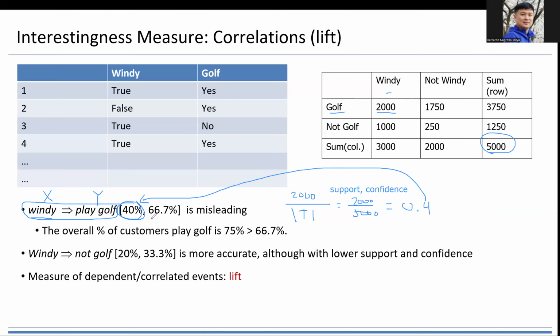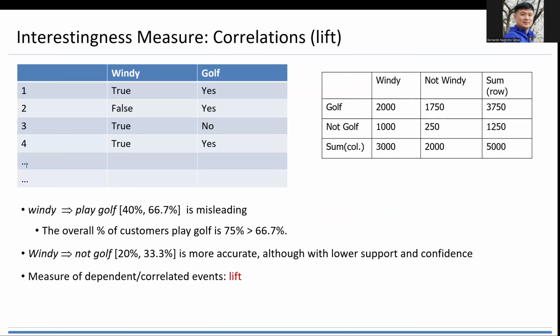Okay, so how can we get the confidence? We can calculate like this. We know that windy and golf are 2000.